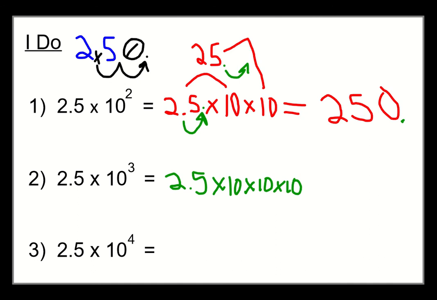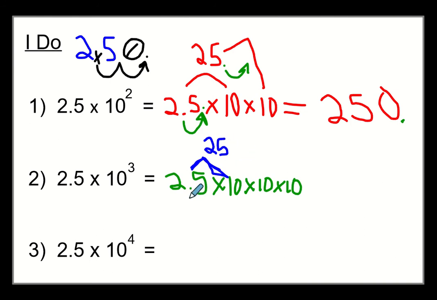When I multiply 2 and 5/10 by 10, I'm going to get the result of 25.